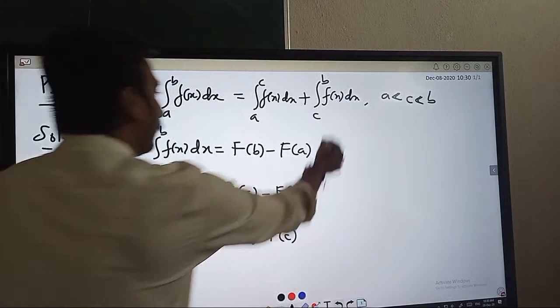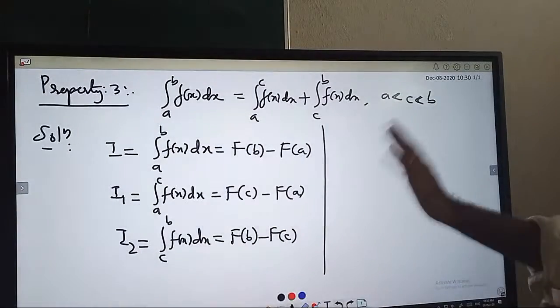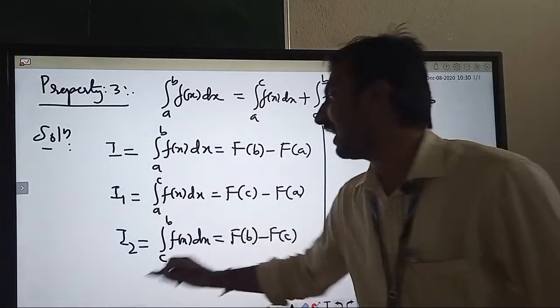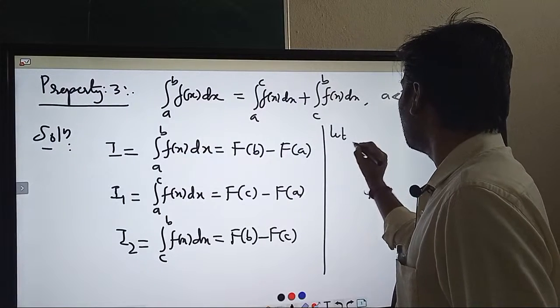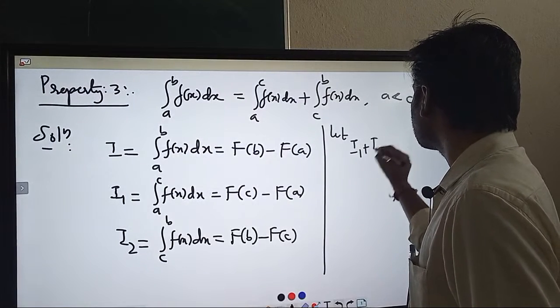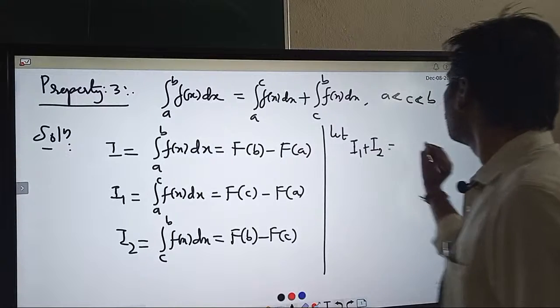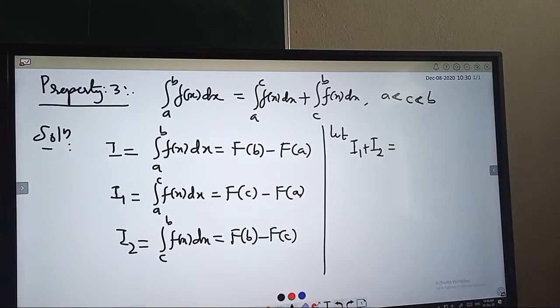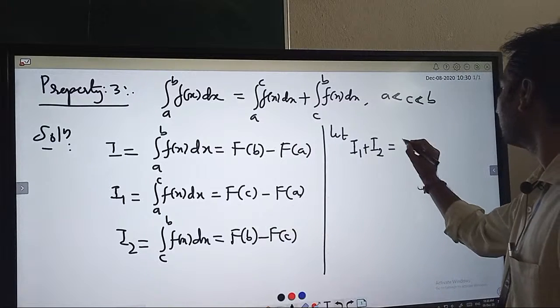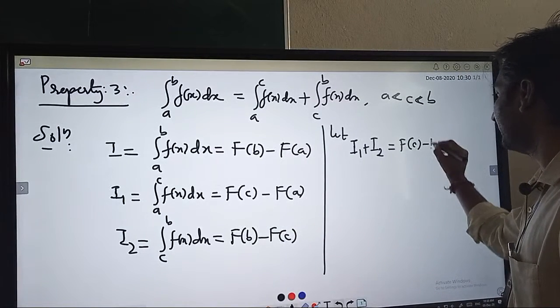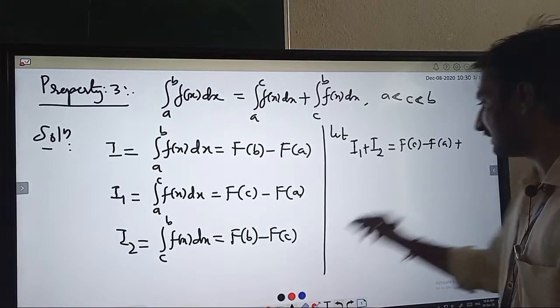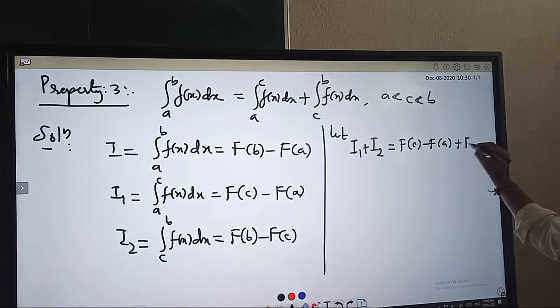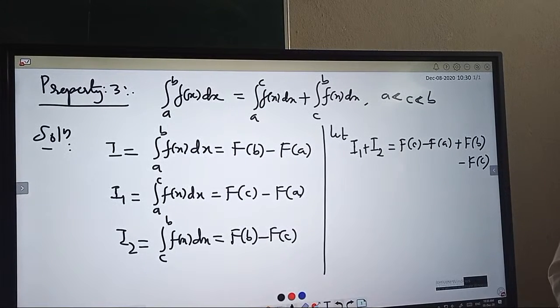Yes. Now look at this. What I am going to do here is simply add I1 and I2. When you take I1 plus I2, what will I get? This is F of c minus F of a plus F of b minus F of c. Correct? Now look at this.